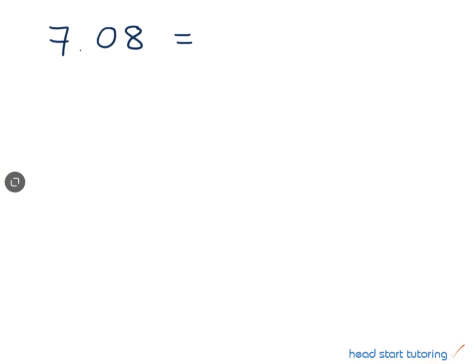Right, if we would like to round the number 7.08 off to the nearest tenth, we need to have a look. There's our tenth column. At the moment we have 0 tenths in our tenth column, and now we would like to consider whether 7.08 is closer to 7.0 or 7.1.